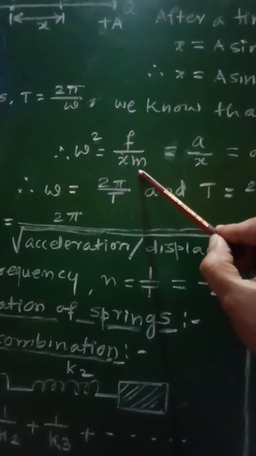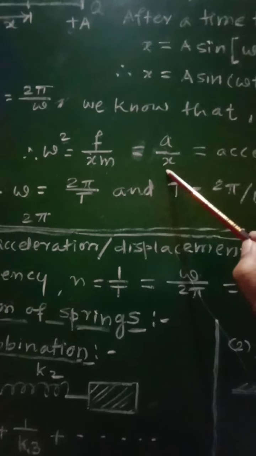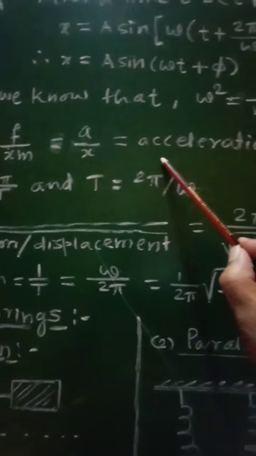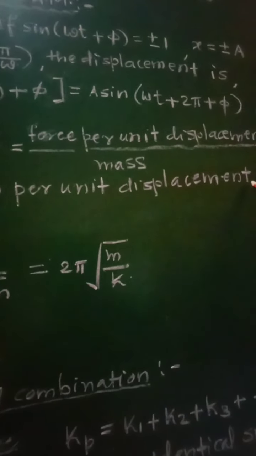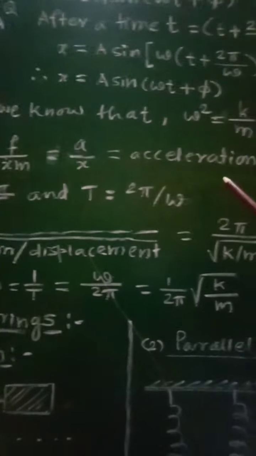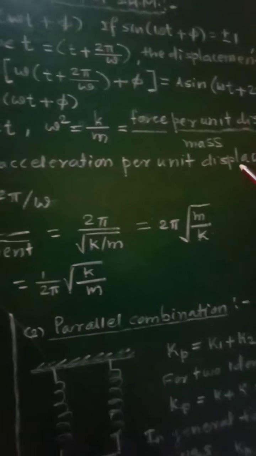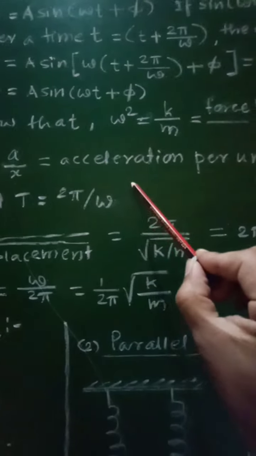But F by m is equal to acceleration a, and therefore omega square equals a by x, that is acceleration per unit displacement. So as omega square is equal to acceleration per unit displacement, omega will be equal to the root of acceleration per unit displacement.